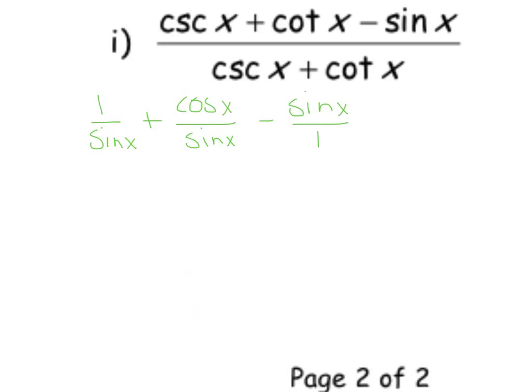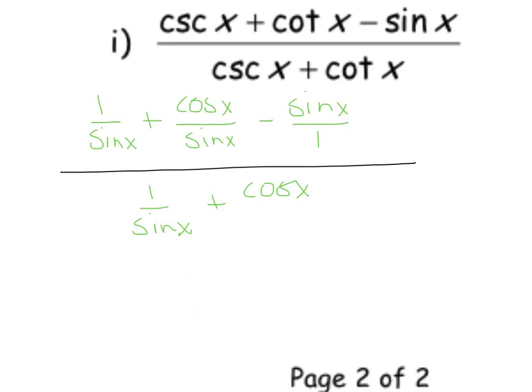Okay, all of that is divided by cosecant of x plus cotangent of x. Cosecant, once again, is 1 over sine of x. Cotangent is cosine of x over sine of x.